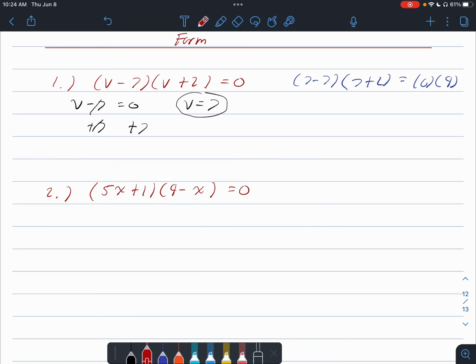Let's check the other one. Let's check v plus 2. If we set v plus 2 equal to 0, we can take 2 from both sides, and we'll end up with v is equal to negative 2.